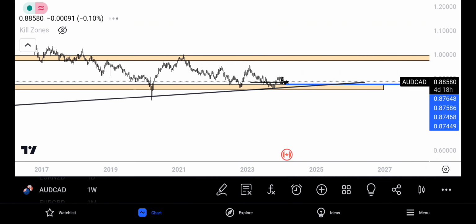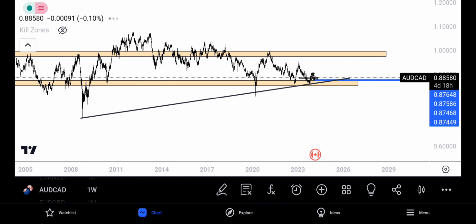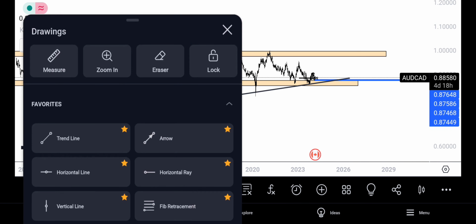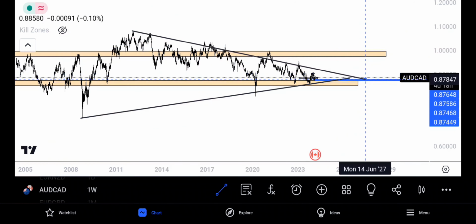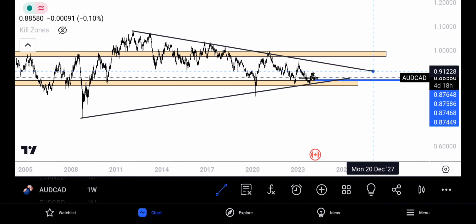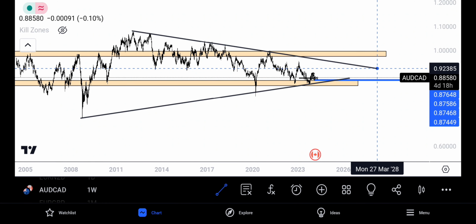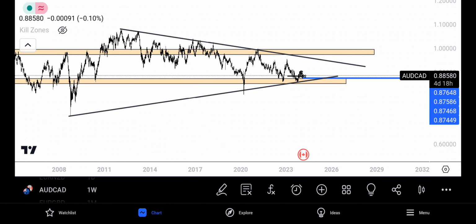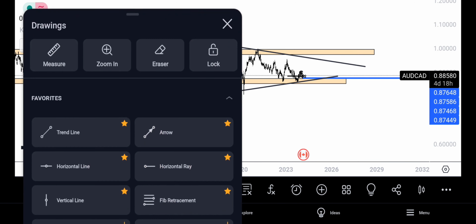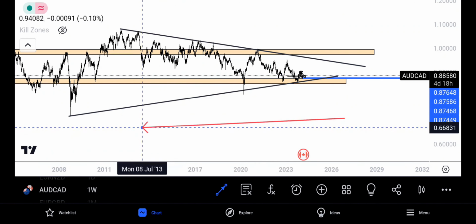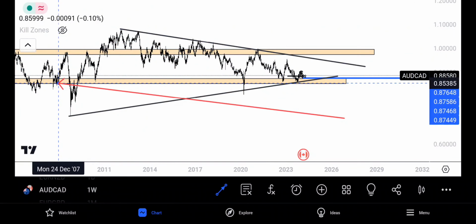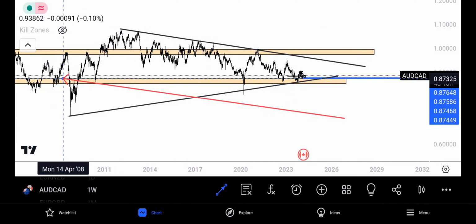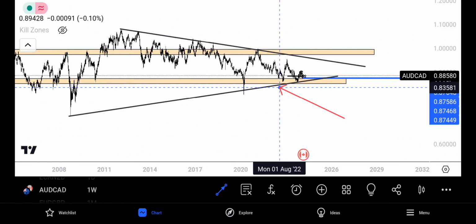So if you look at AUDCAD, you can see that overall price is bearish, right? You can see that from this level here. But nevertheless, one thing you have to also note is that from this point here, price tapped and went up, and price has a premium support level here.